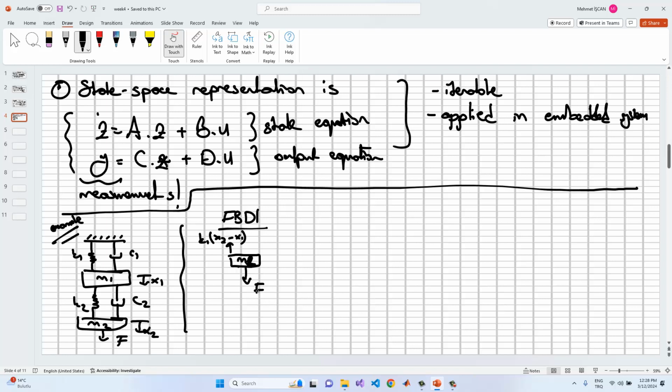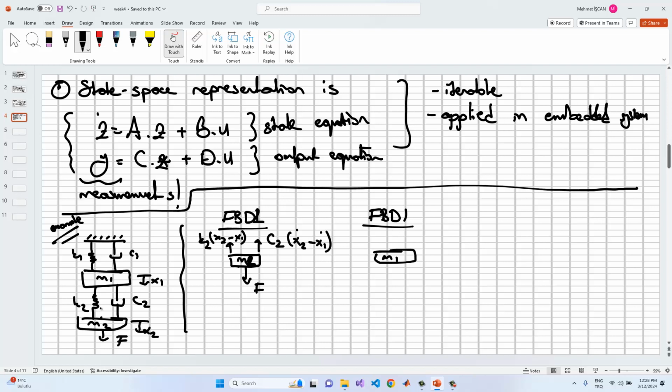If we have the force value in here, free body diagram 2, if we apply the force at the bottom side, then this x2 minus x1 can apply the reverse force in here with the same idea, c2 and x2 dot minus x1 dot should be given in here for the m2, okay? And so FBD1 can also be applied with the m1 in here, and so how many forces do we have in here?